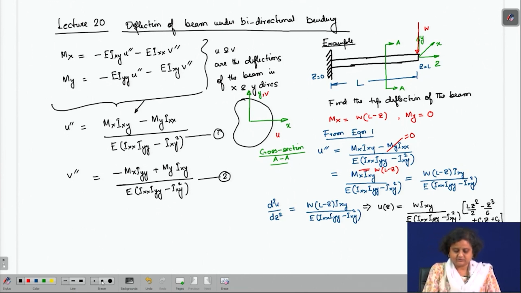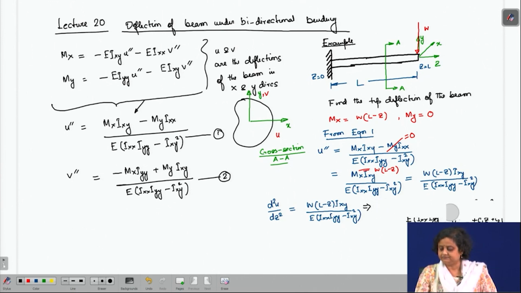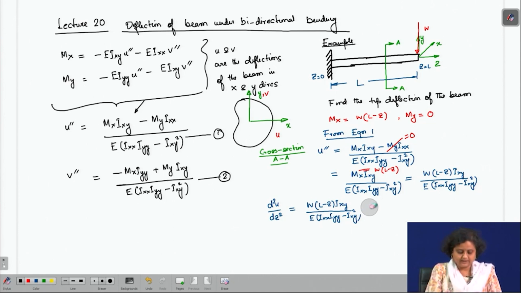Let me just write it here. I am going to take an integral of this, and this is going to be u dash z.